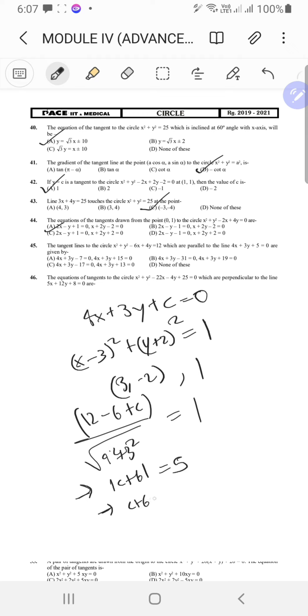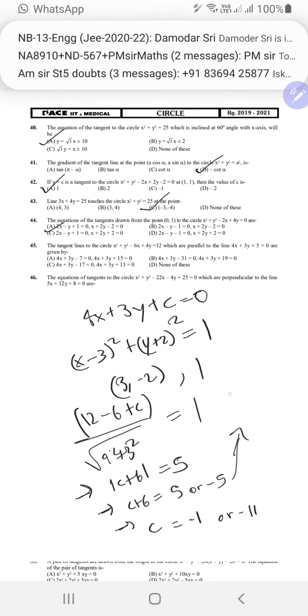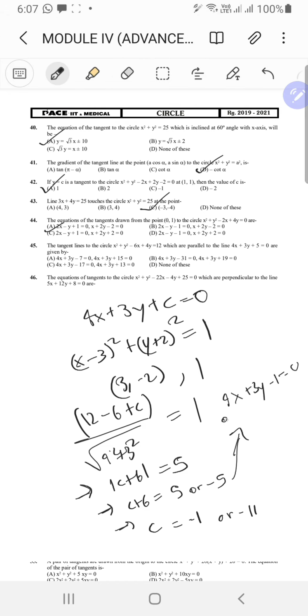C plus 6 equal to 5 or minus 5, which means c is minus 1 or minus 11, which means 4x plus 3y minus 1 equals 0, or 4x plus 3y minus 11 equals 0. Right, are these in the options? No, these are not. Okay, so that's bad. Did I mess it up somehow?